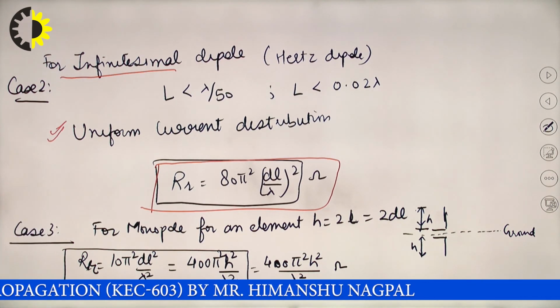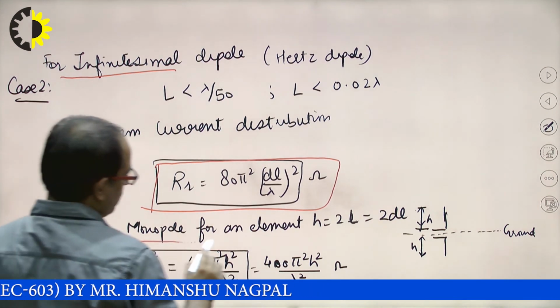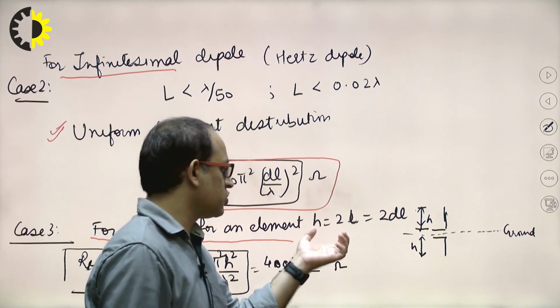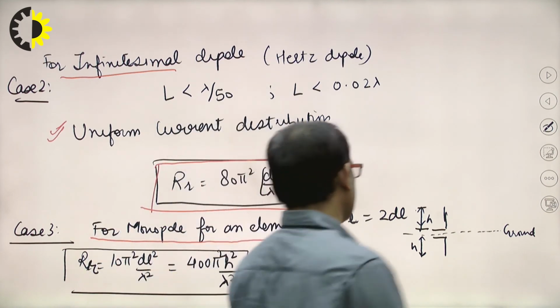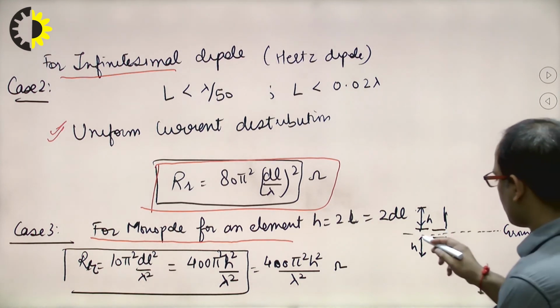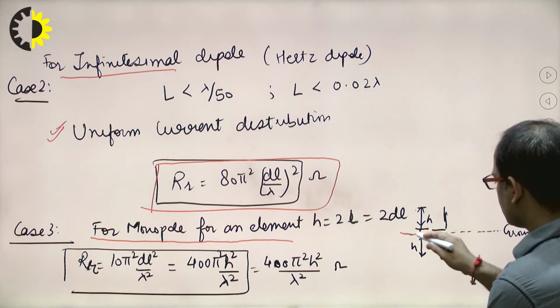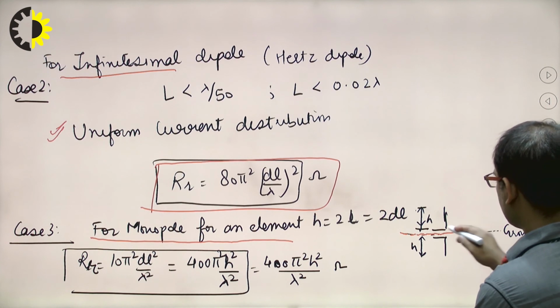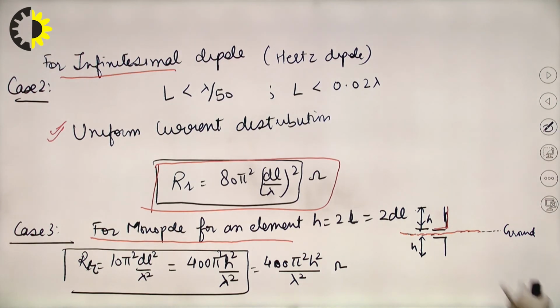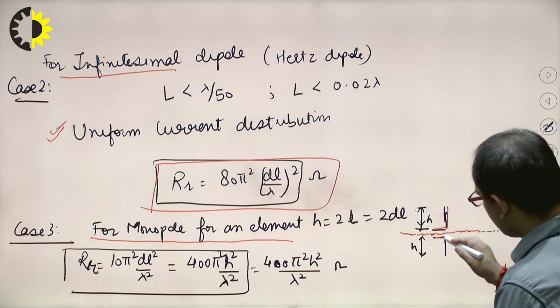Now see, the third case is for the monopole of an element having h equal to 2L. This antenna is placed above a plane ground, having a length h, and on analysis by the method of images, the same length is taken.